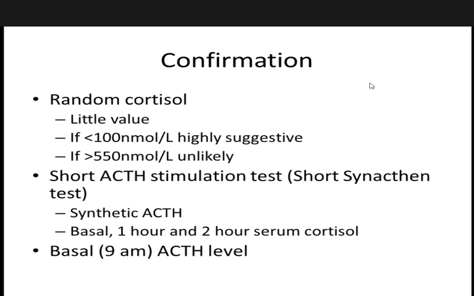And if there is no serum cortisol response, then there is a problem of cortisol production. So the patient is having adrenal failure, right? Together with that, if the patient is having a high basal ACTH value, then the problem is in the adrenal gland. If the patient is having a low ACTH value, the problem is at the level of the pituitary gland, secondary adrenal failure.